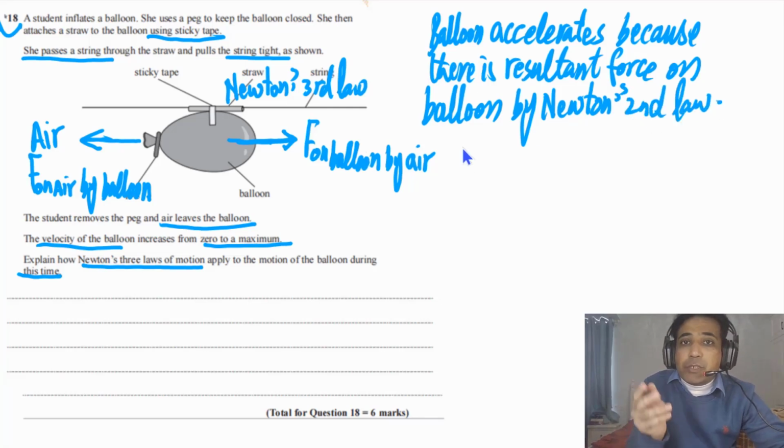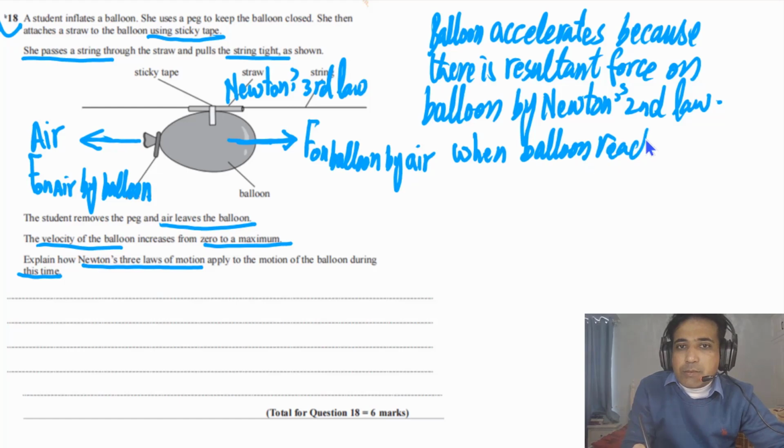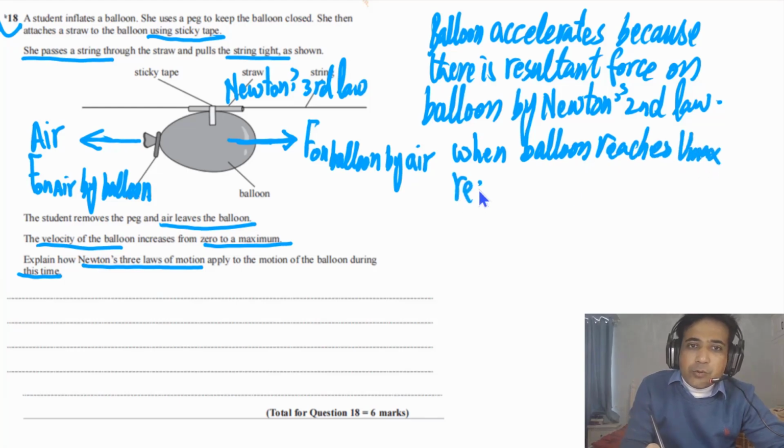And this balloon will reach a maximum value. It is given to us, it reaches maximum value. When balloon reaches V max, resultant force on balloon will be 0.